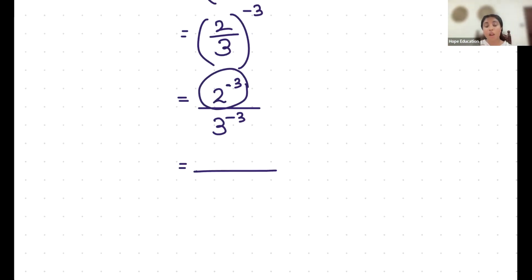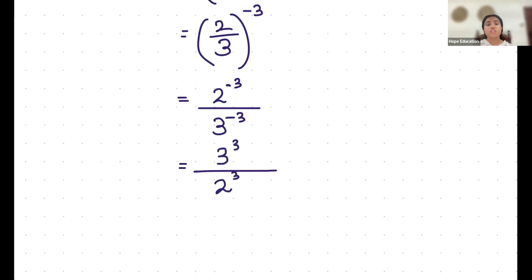When I bring it to the denominator, the minus becomes plus and I have 2 to the power 3. Here in the denominator, I have 3 to the power minus 3. To remove the minus, I take it from the denominator to the numerator. When I bring it to the numerator, minus 3 becomes plus 3.